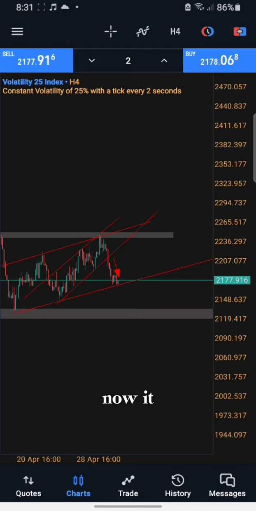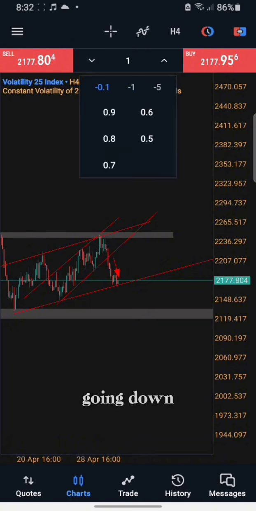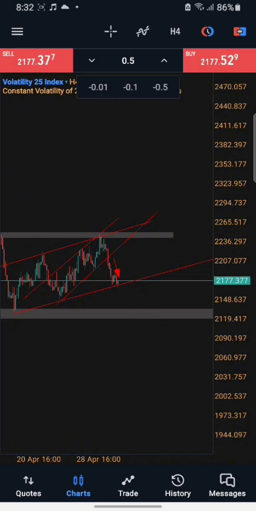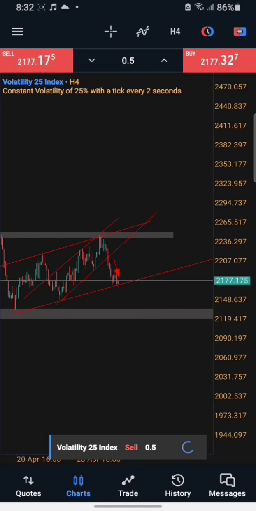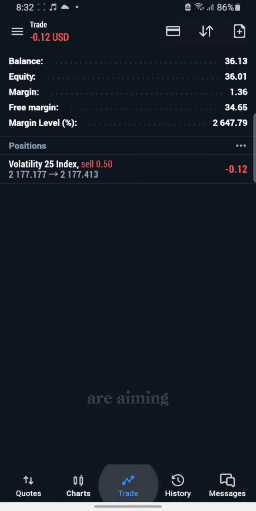Now it is going to continue going down, aiming to reach the second TP. So we are aiming for sell signals. So let's execute the market and see how much we can get from this one.